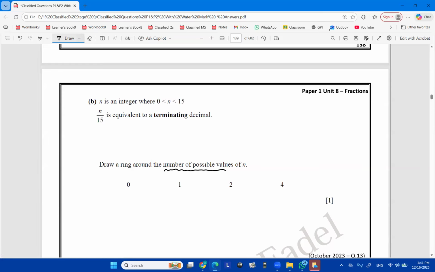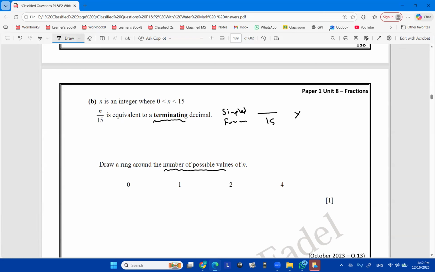Here, they said it is equivalent to a terminating decimal. 15 itself cannot be there in a fraction that is in the simplest form. 15? No way. Why, Mister? Because here 15 has a prime factor other than 2 and 5. So 15 cannot be there. You must get something that simplifies 15.